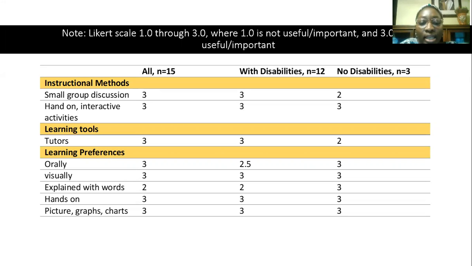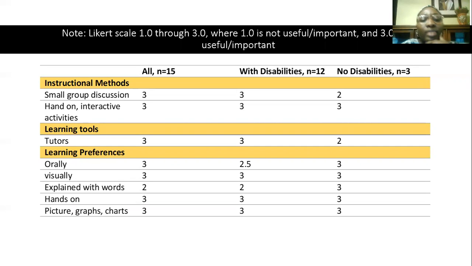So you can see that students with disabilities really like small group discussion and hands-on interactive activities. You can see it here because the scale for both is 3. For the learning tools, they really like tutors.